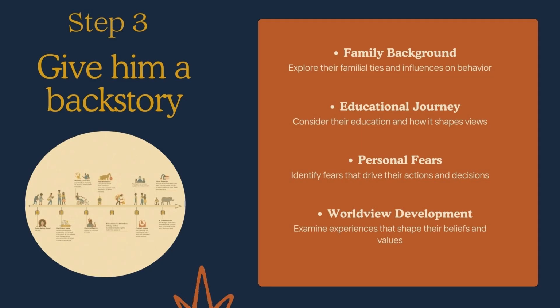Three, give him a backstory. Backstory is everything that happens before chapter one. So dig deep. What has shaped your character into the person he is today? Things you should know, whether you include them in your novel or not.